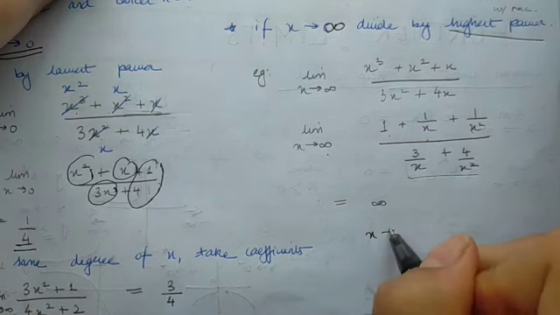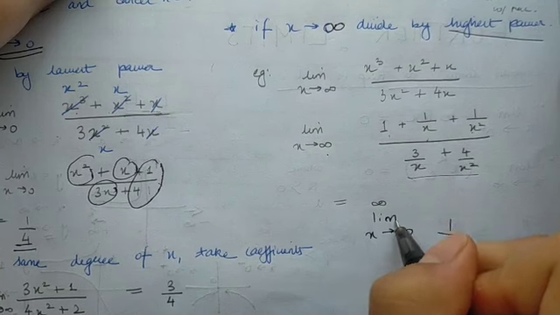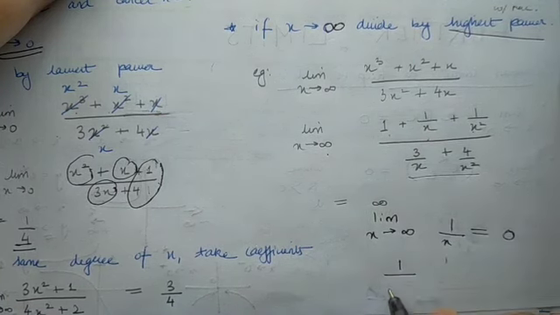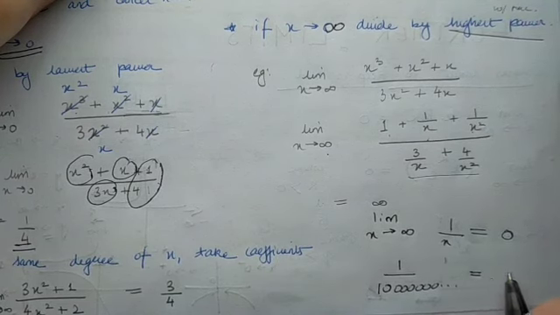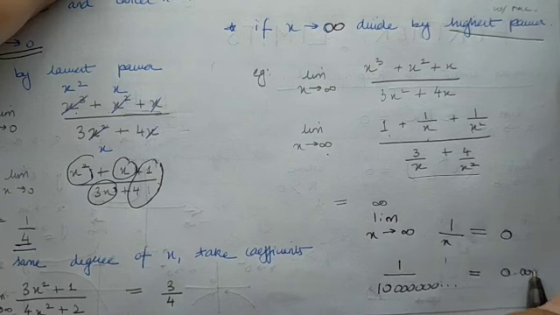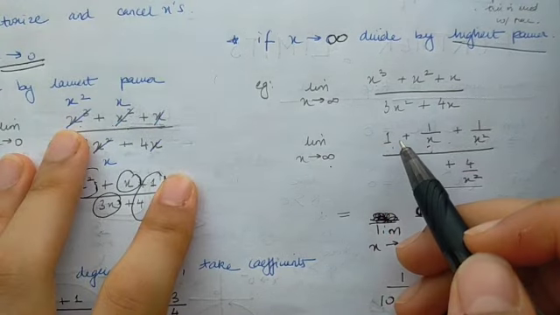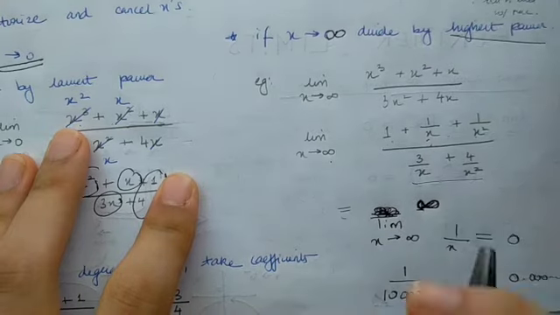So when you have x approaching infinity and the function 1 over x, this approaches 0 because 1 over a very, very large number gives you a very, very small number. So here we have 1 plus 0 plus 0 all over 0 plus 0.